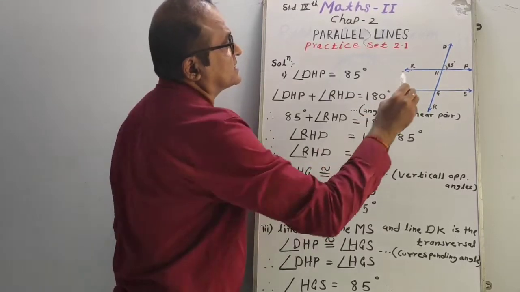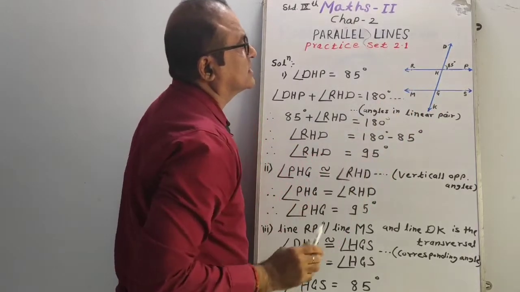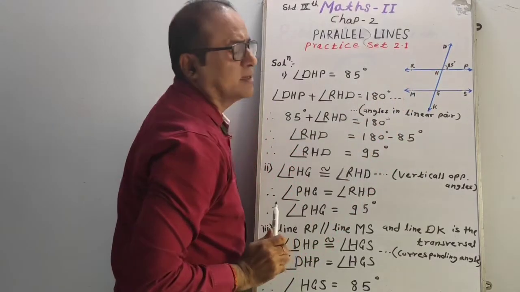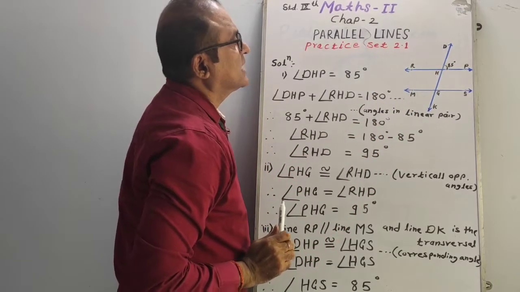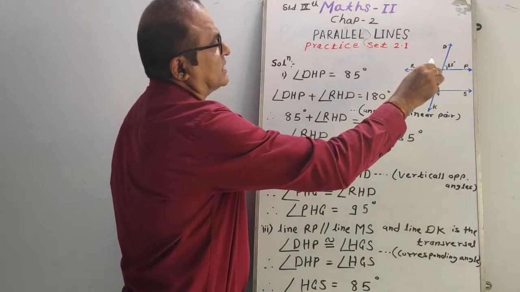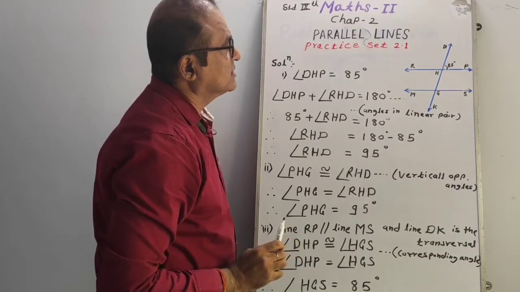First angle is angle RHD. Angle RHD and angle DHP are a linear pair, and the sum of a linear pair is 180. Therefore, the first angle can be found by the linear pair.